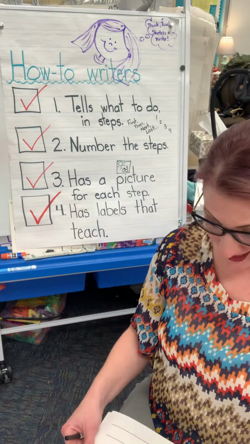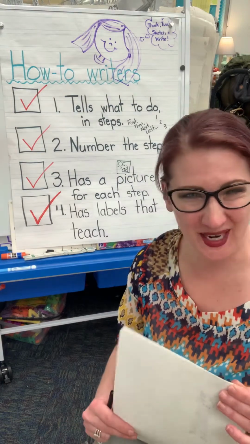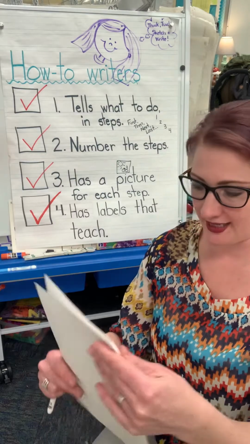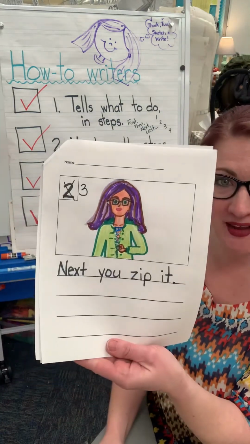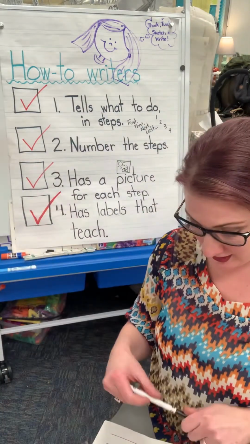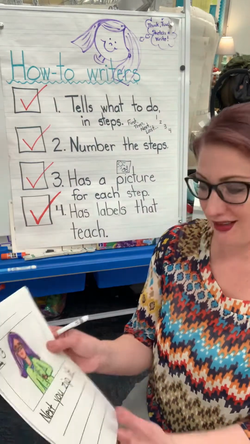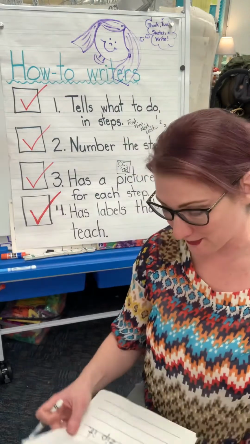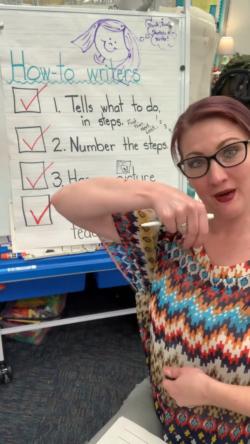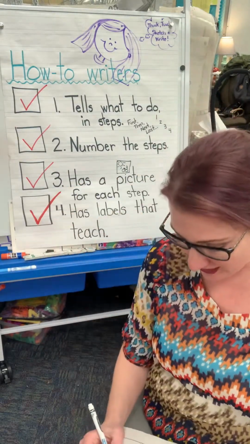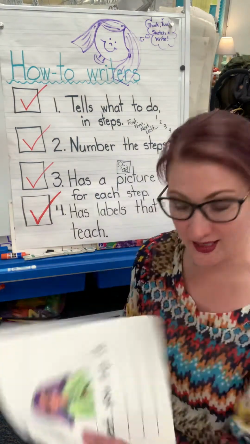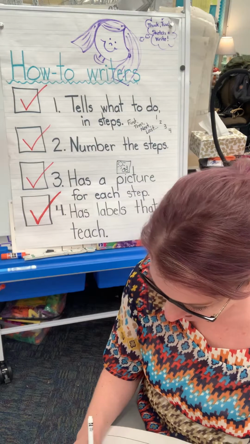On my next page, I still need to fix it so I can draw my picture, but I'm going to turn and go to my third page. So when you have to zip up your coat, you can't see it, but my hand is holding the bottom part of my jacket and then the top part slides. So I'm going to put a line out and I'm going to write zipper.